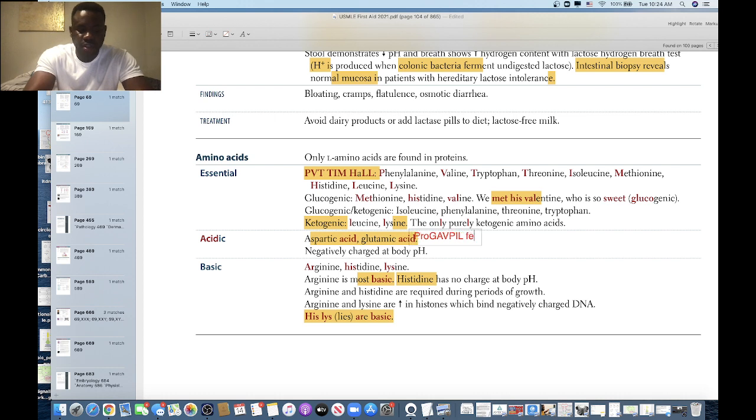That's my mnemonic, Fierce Water. Then the next is Val, which has a branch. Then the next is His Lys, His lies are basic. His lies are basic.